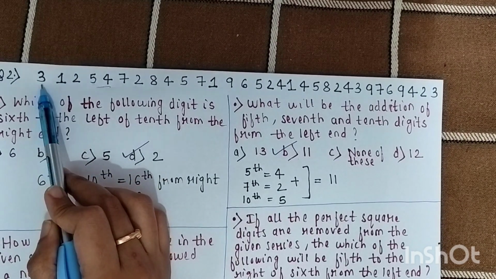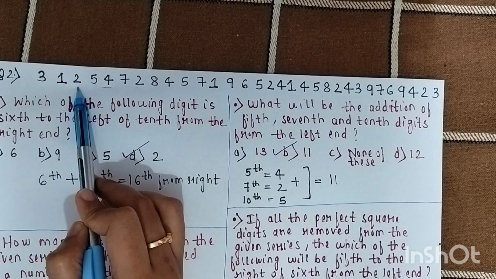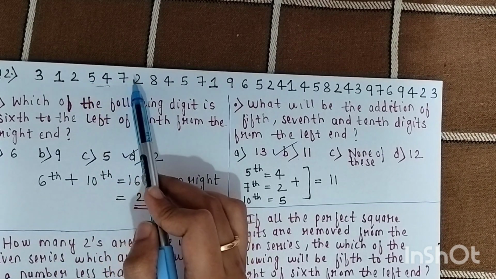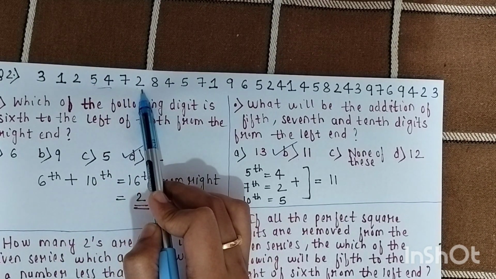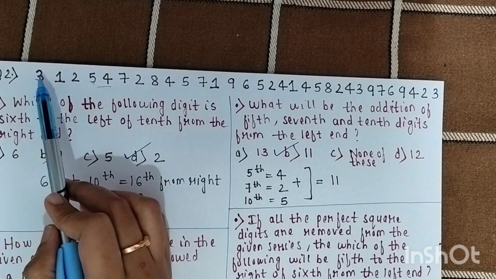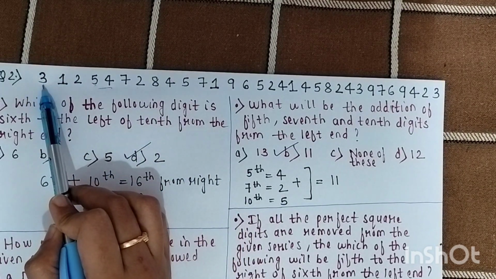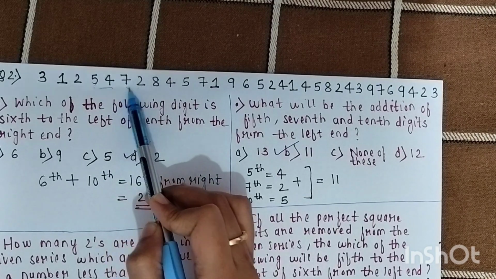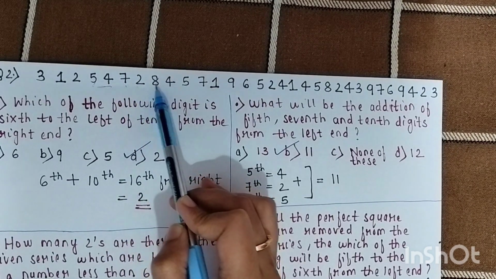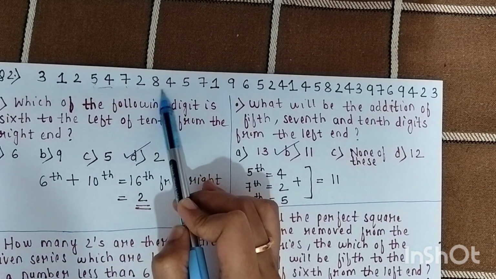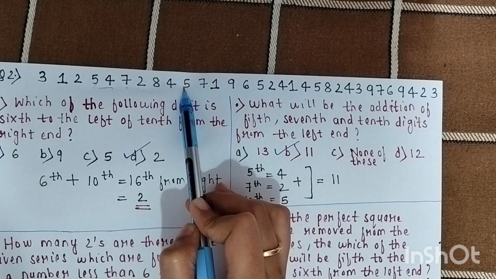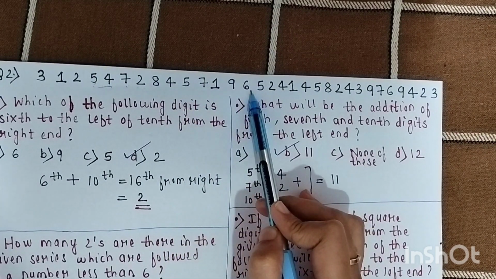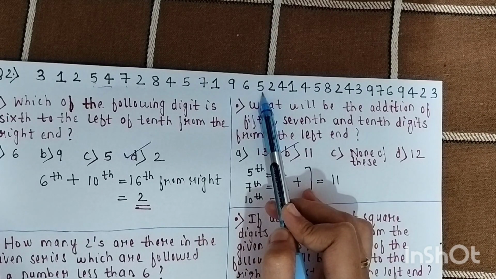1, 2, 3, 4, 5. Sorry. 1, 2, 3, 4, 5, 6, 7, 8, 9, 10, 11.